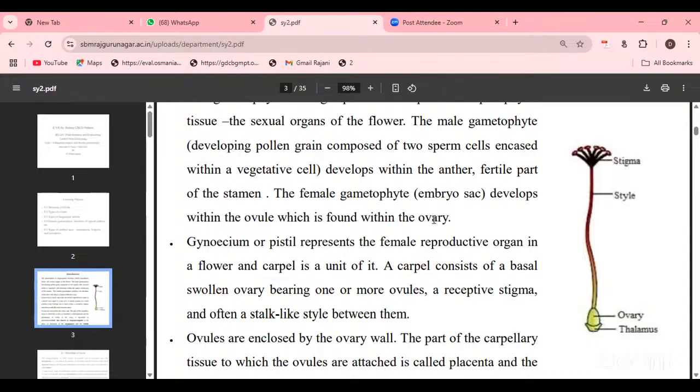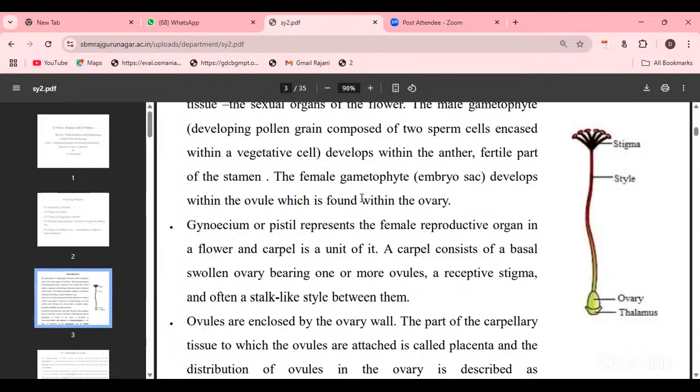That is the female reproductive organ in a flower, and the carpel is a unit of it. A carpel consists of a basal swollen portion.